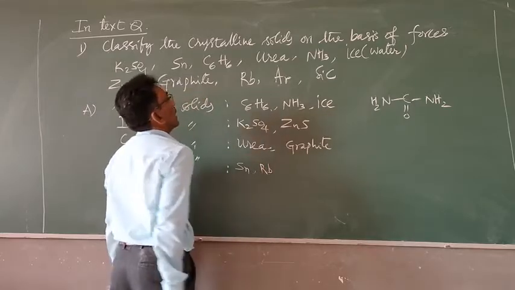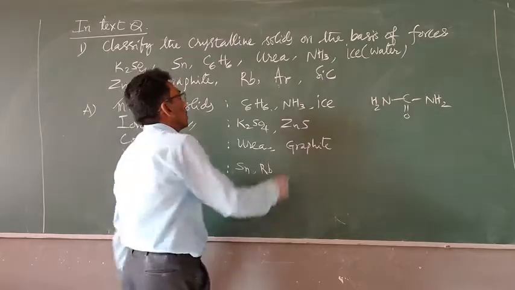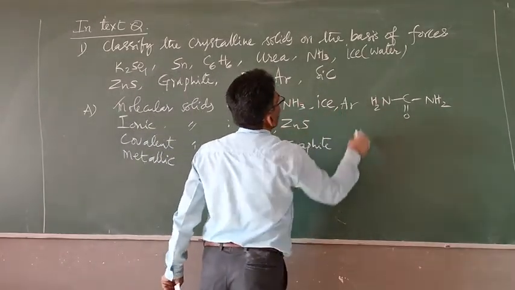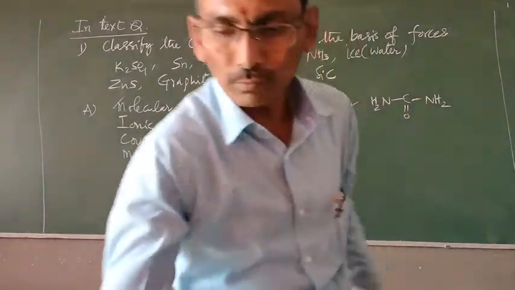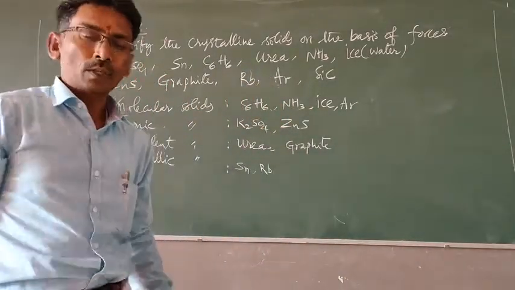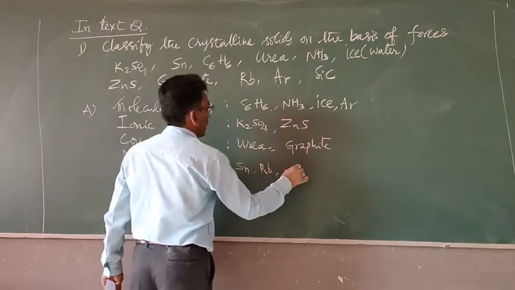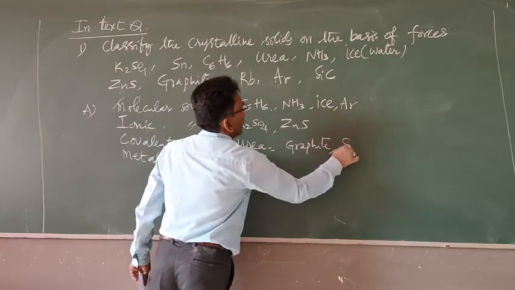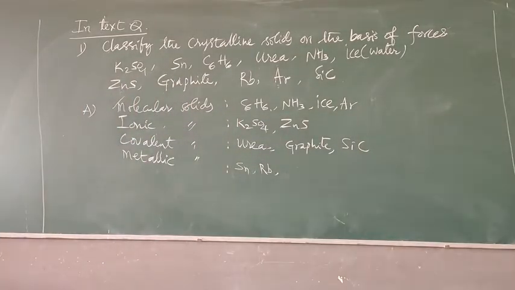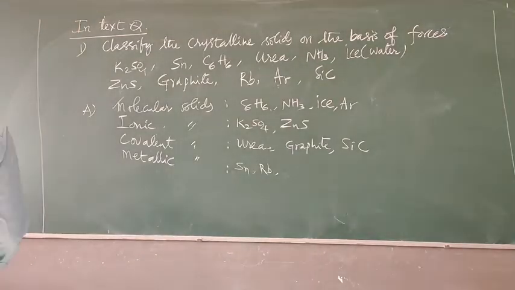Next, argon is a noble gas with weak van der Waals forces operating among argon atoms, so argon is a molecular solid. Next, silicon carbide is the second hardest material in nature. Due to covalent bonds, it is a covalent solid. So this is the answer to the question.